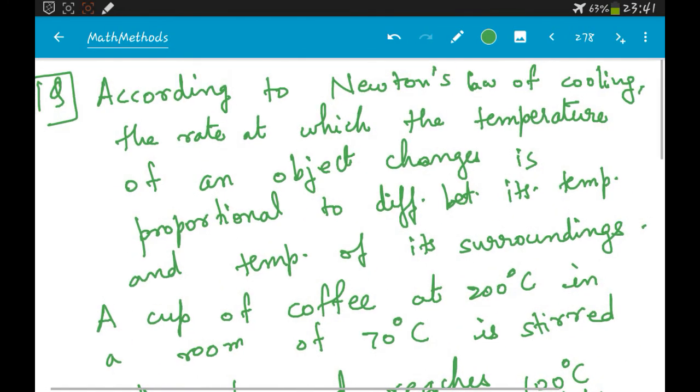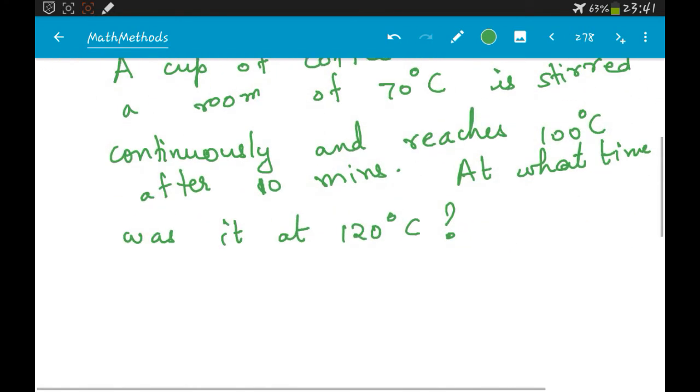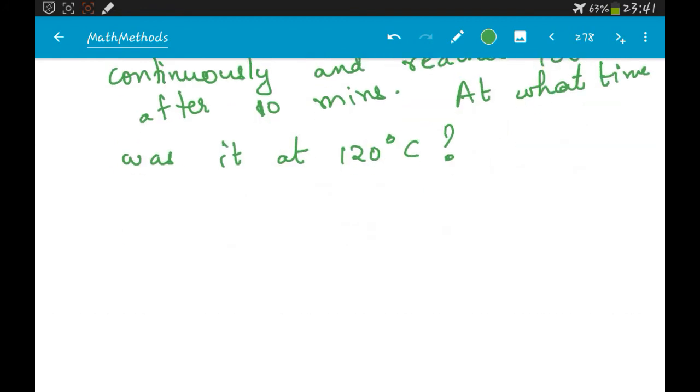So let's read the question. According to Newton's law of cooling, the rate at which the temperature of an object changes, right, is proportional to the difference between its temperature and temperature of its surroundings. So let's write that down. So the rate at which temperature of an object changes, that is d capital T by dt, okay, and this is proportional to the difference between its temperature and the temperature of the surrounding.